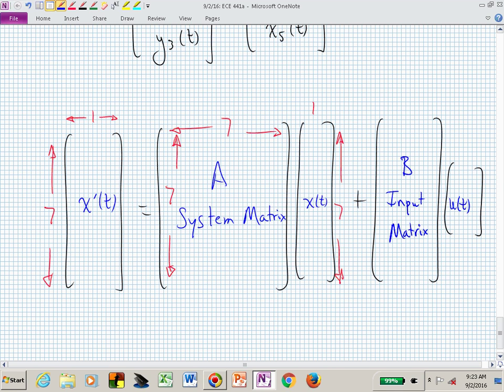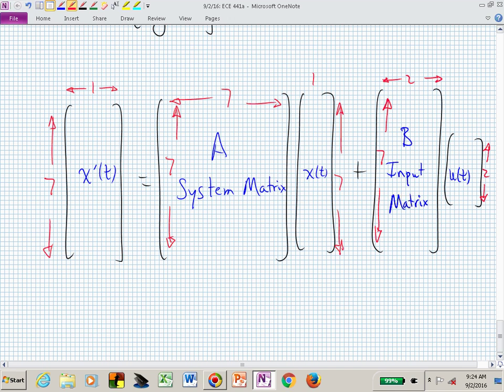How wide is B? How many columns does B have? It has to be compatible with our input u, which was 2 rows tall. And how tall is B? It has to be such that we can add it to a 7 by 1 vector. It has to have 7 rows. So B is now a 7 by 2 matrix, our input matrix.